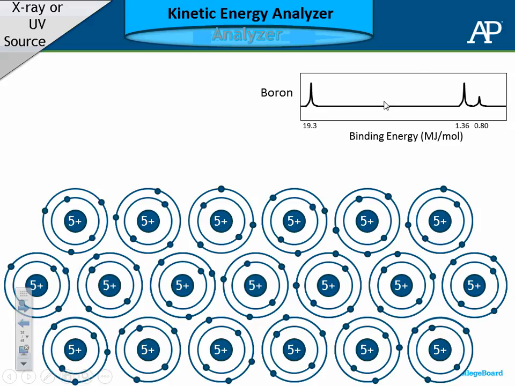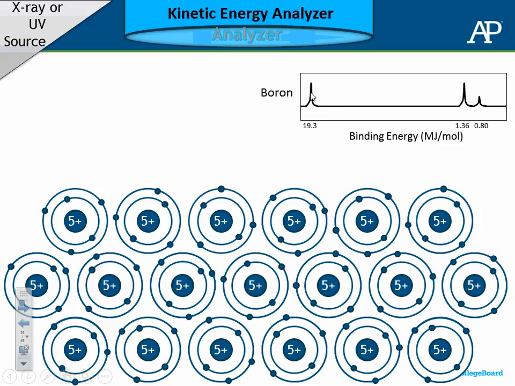So what they're saying is that for the boron, where it's the 19.3 binding energy, these are the core electrons, and look at that. This 1.36 binding energy, notice that the relative height of the peaks are the same.